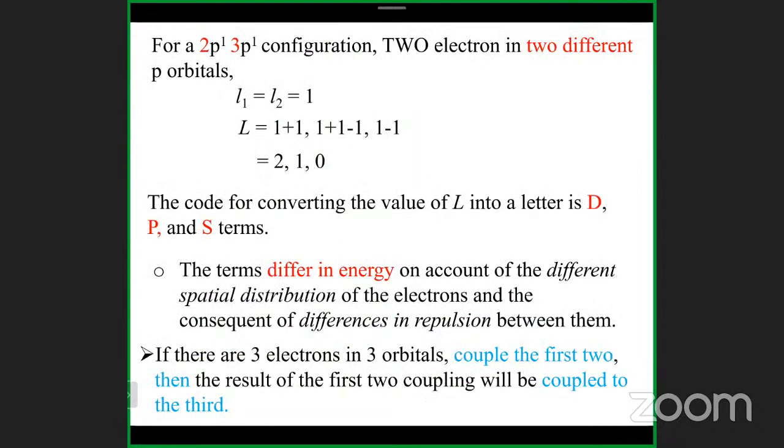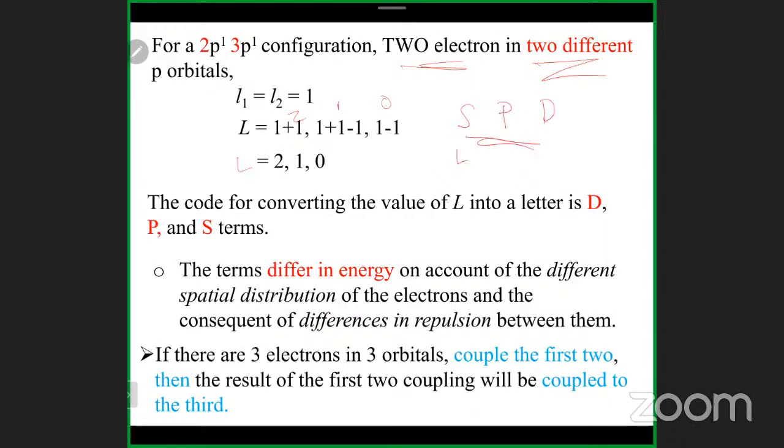So this is an example of 2p1, 3p1. You have two electrons in two different orbitals. So it is L1 plus L2 to L1 minus L2, which is going to be 2 to 0, which means in the middle there will be 1. So L will have the values 2, 1, 0. So the states that will arise out of this are S, P, and D states.